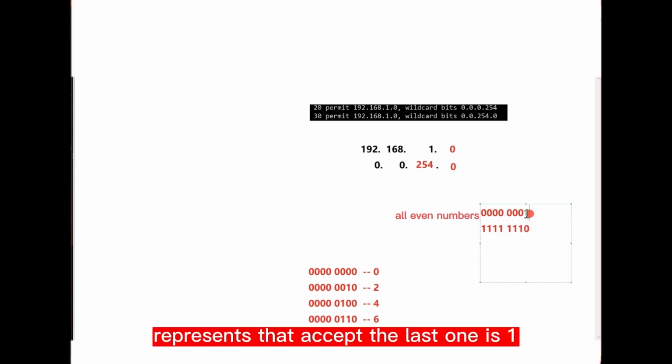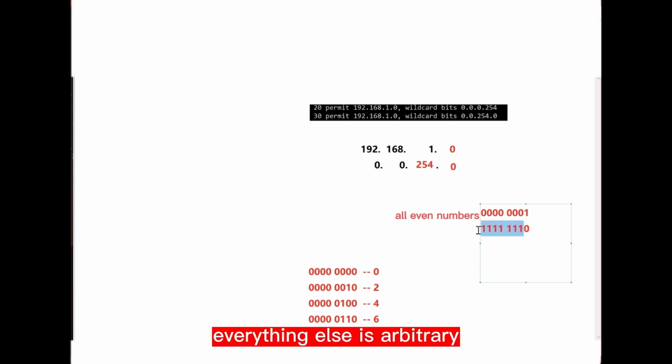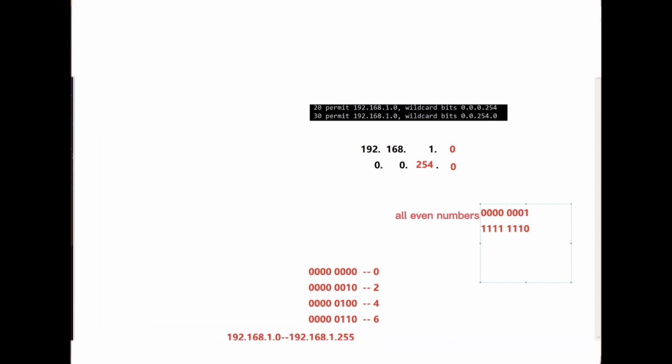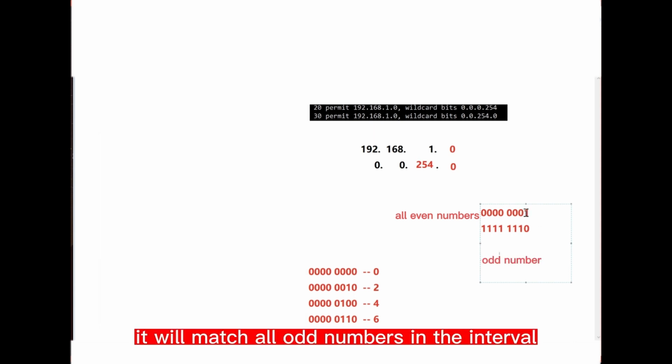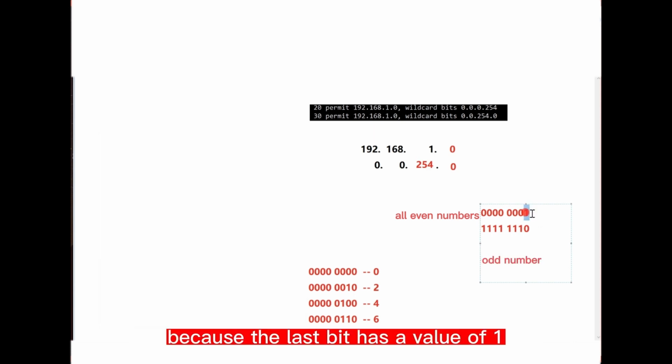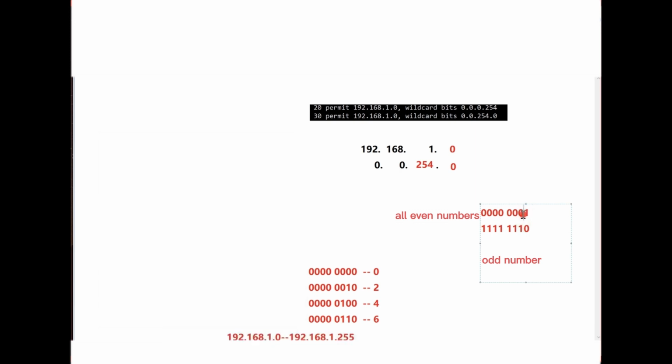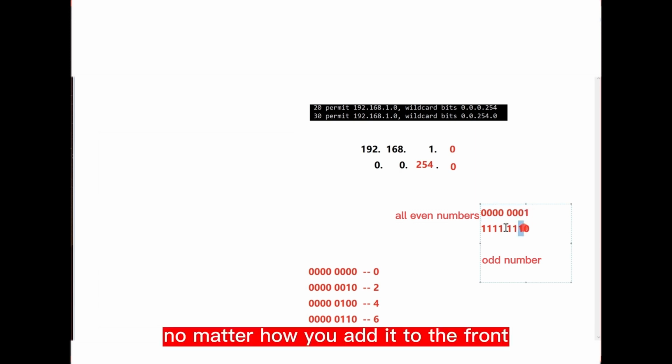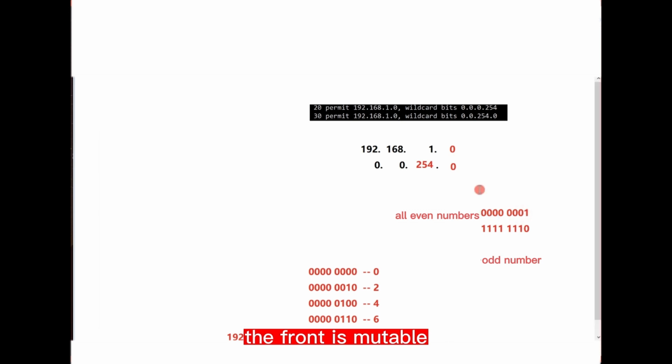It represents that except the last bit, which is 1, everything else is arbitrary. It will match all odd numbers in this range, because the last bit has a value of 1. No matter how the front changes, it is an odd number.